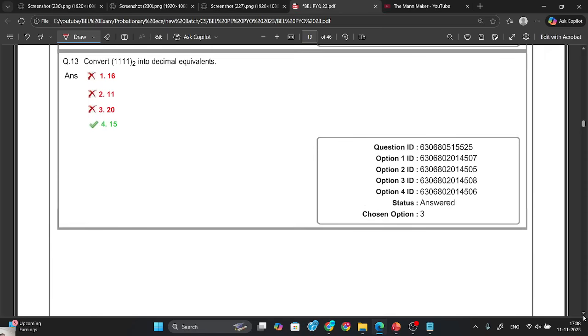Now convert 1111 base 2 into its decimal equivalent. As we have discussed in class also, this is binary, we need to convert it into decimal. By seeing it, it is 15, everyone knows, but I will tell you how to solve this one. This is 0 position, 1 position, 2 position, 3 position.